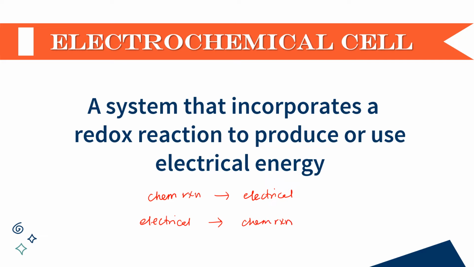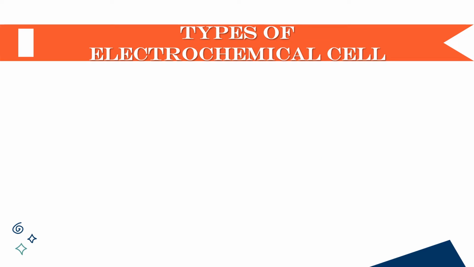This is what we will get from our electrochemical cell. Different electrochemical cells will give us different types of reaction. So how many types of electrochemical cell do we have? Recall, this is something you have learned back in secondary school during your SPM.